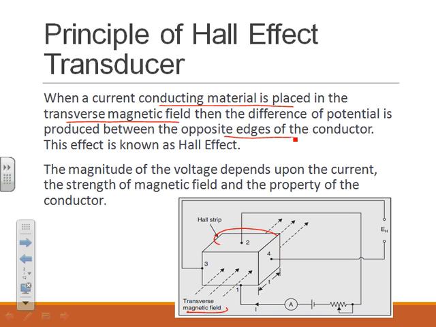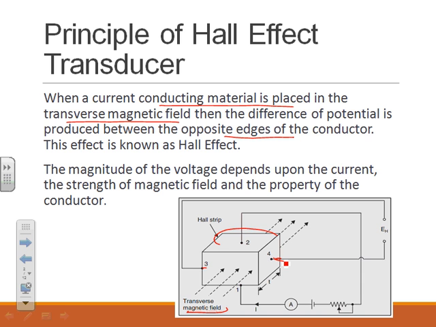So if a current carrying conductor is placed in a transverse magnetic field, then a difference of voltage is produced at the opposite edges of the conductor. This effect is known as the Hall effect.